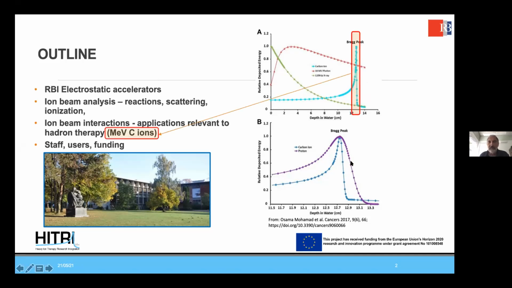Our work is just at this end of the trajectory of the carbon ions, for instance, in body or in water, because our range of energies are far below hundreds of MeV per nucleon, which is what they use for hadron therapy. The maximum energy we have is only about 10 or 20 MeV. So we cover only the last part of these carbon ions going through the body.